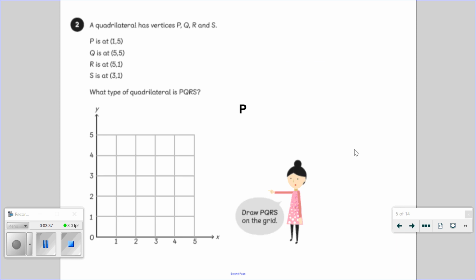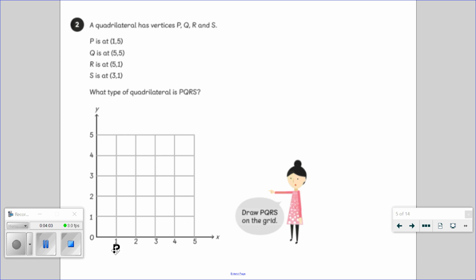So here is the second part of the guided practice today. It tells us that a quadrilateral, that's a 4-sided shape, has vertices or corners called P, Q, R and S. And it gives us the coordinates to plot them or put them on the grid. So let's look at P together. It tells us that it is at 1, 5.